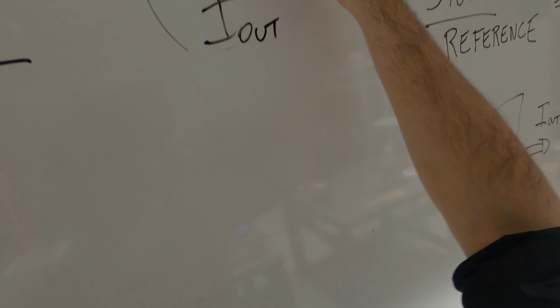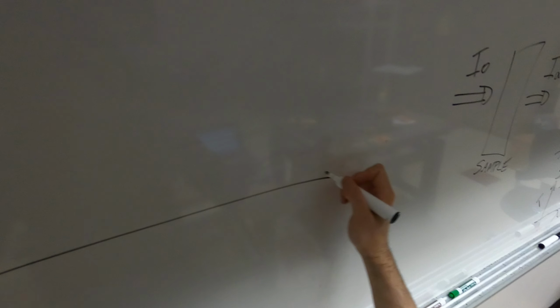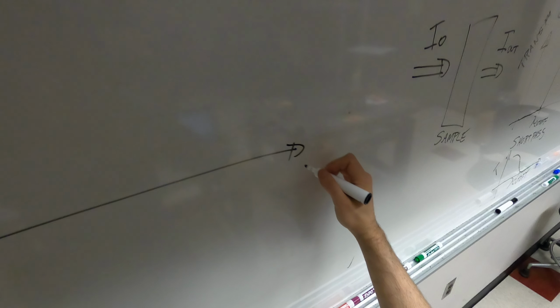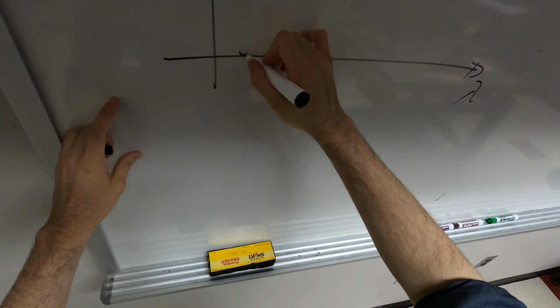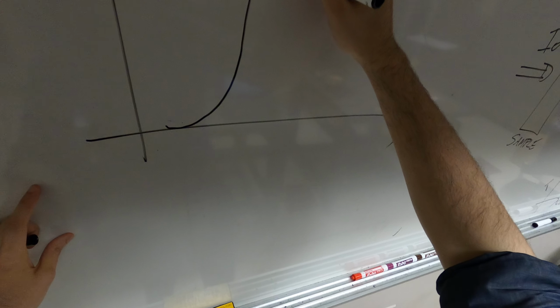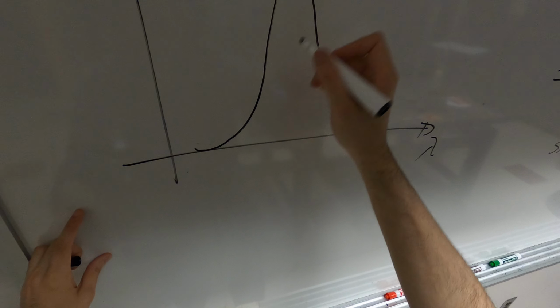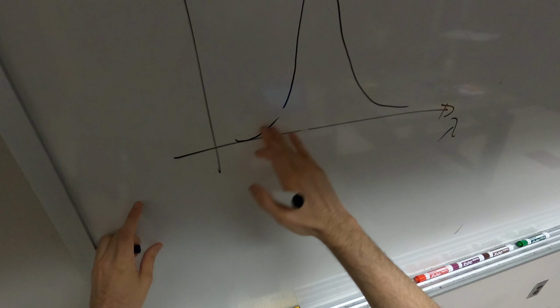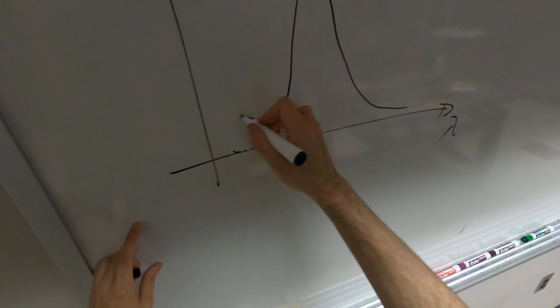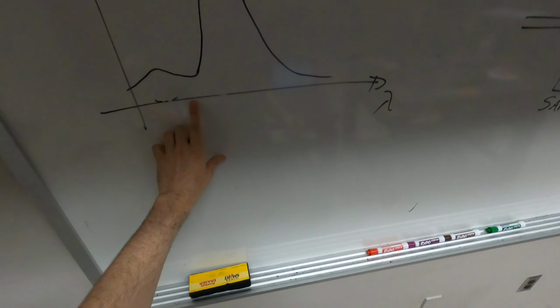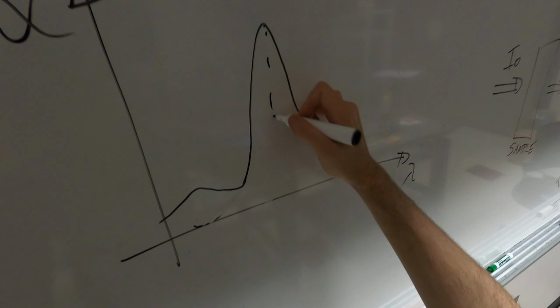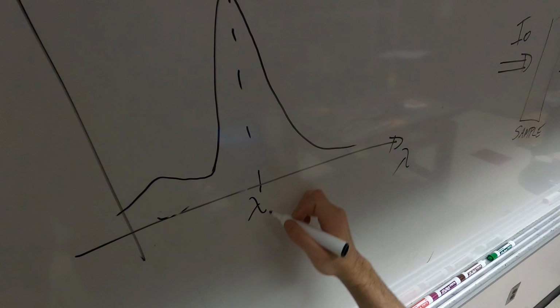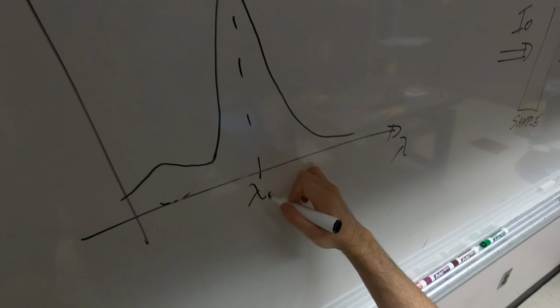And this is a function of lambda, and this is a function of lambda. So you get something like that. So this is alpha, and here we have lambda. You get a curve that looks like that. There are some peaks here also, so this is not as nice, but it was more or less like that, where you get this peak, lambda naught.